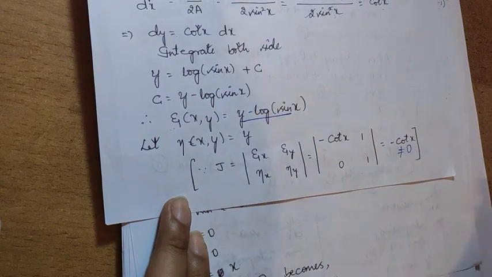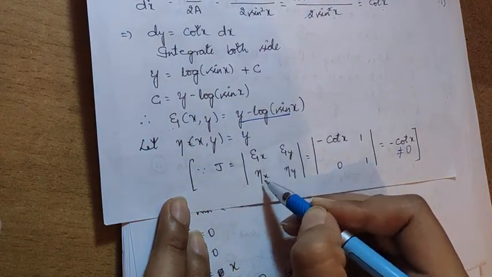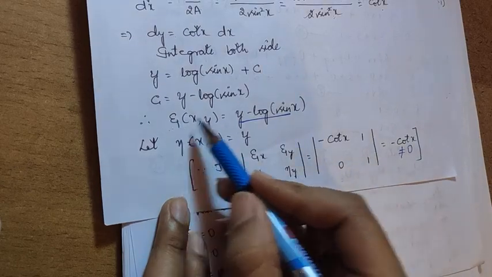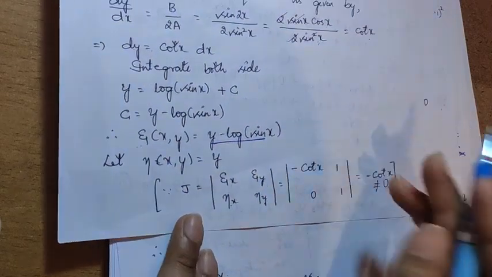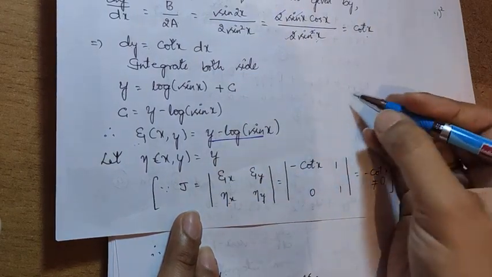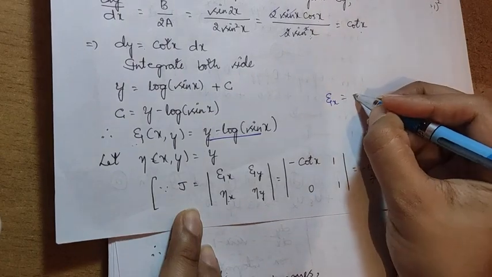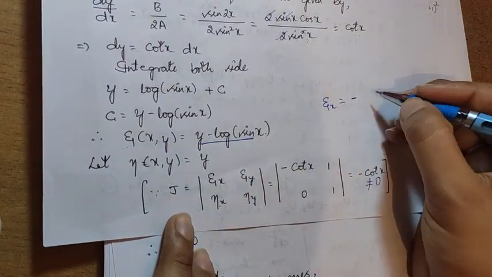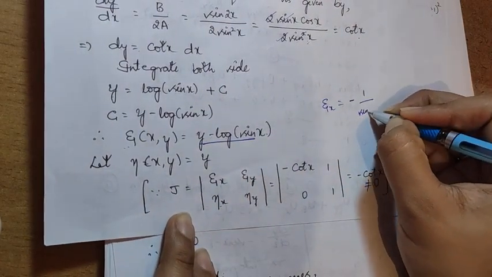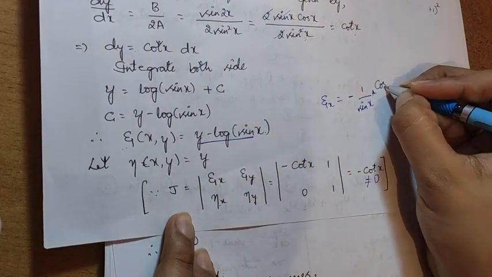Let's check for the Jacobian now. So J is equal to the determinant of xi x, xi y, eta x, eta y. Xi is y minus log of sin x. So if I differentiate this with respect to x, what will it become? Xi x is equal to minus log of sin x, that is 1 by sin x into differentiation of sin x, which is cos x.